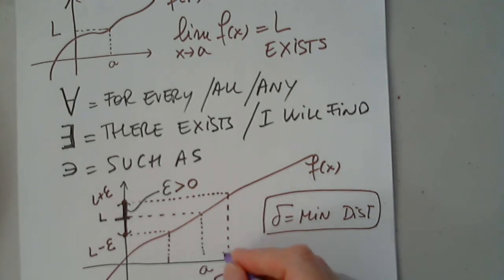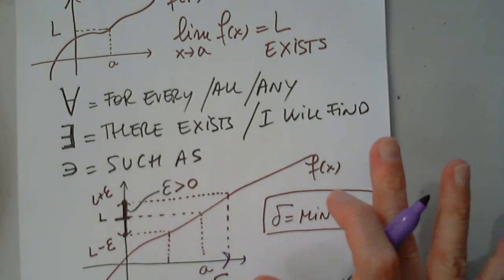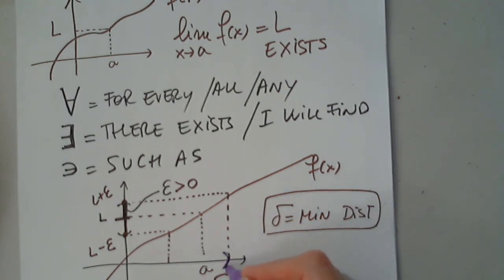I'm going to say this is the interval. And I'll explain why it has to be the minimum. I promise. So this is the delta, and this is the delta. Of course, this point here at the lower end is A minus delta. Of course, the upper is of course, A plus delta.